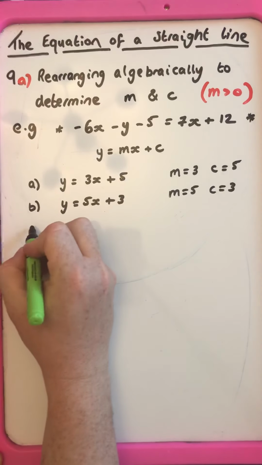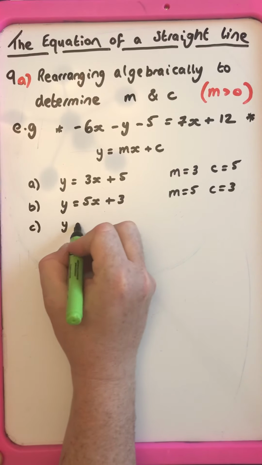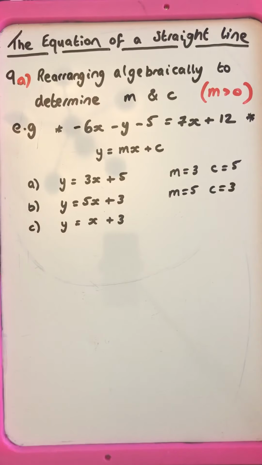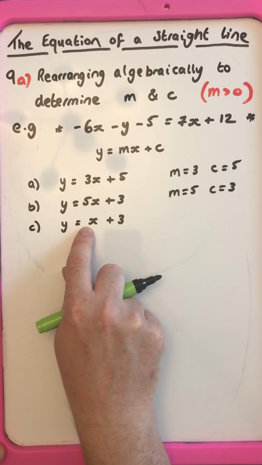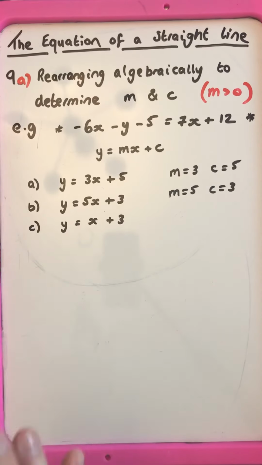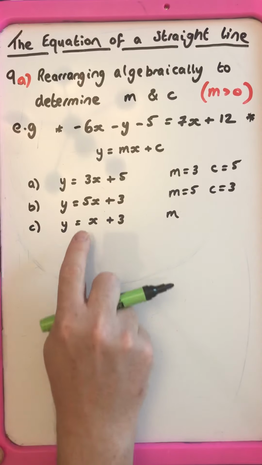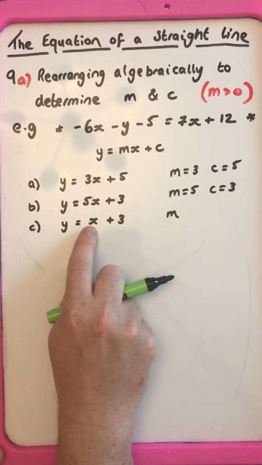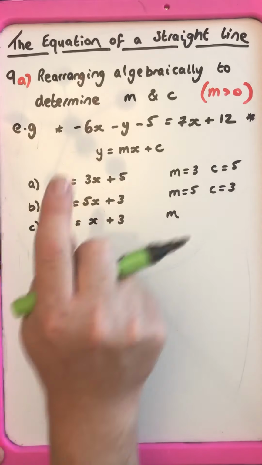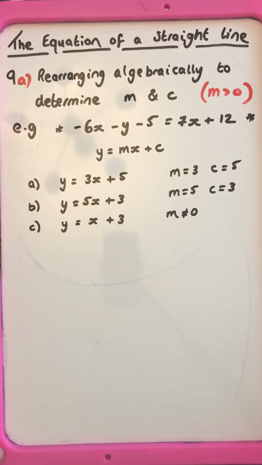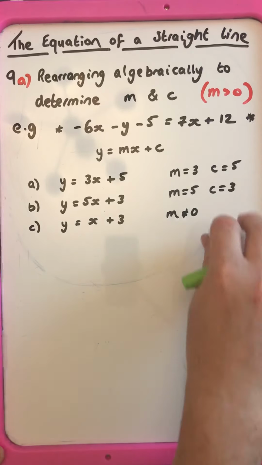Now these types of questions seem to cause problems. The fact that there's not a number there that you can see doesn't mean that there's no number. The coefficient, the number multiplying the x, in this case is the gradient, and it isn't 0 just because you can't see a number.